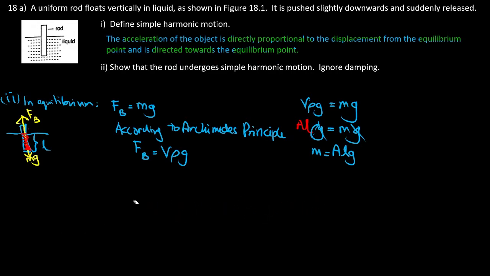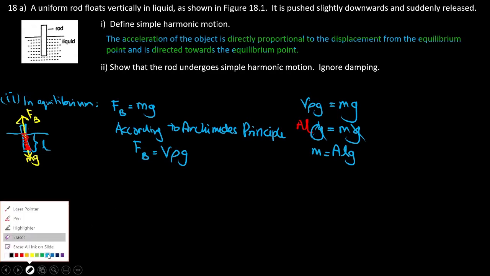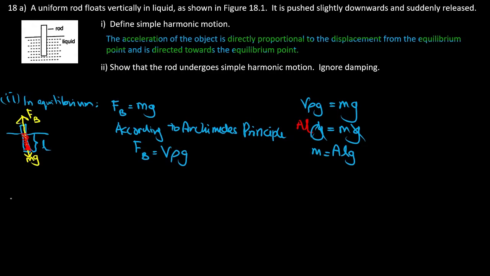Now if your rod is submerged further in the water, it will go in deeper. Let's say this is your initial L, same as here, and this is after it is submerged into the water. So this X is the displacement of the rod pushed down into the liquid.